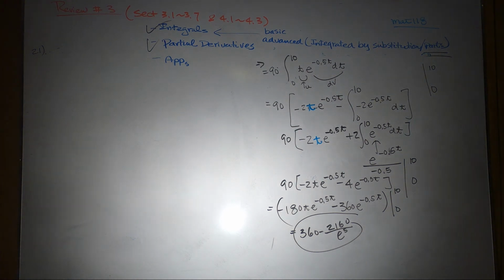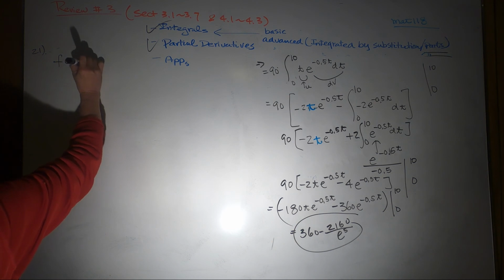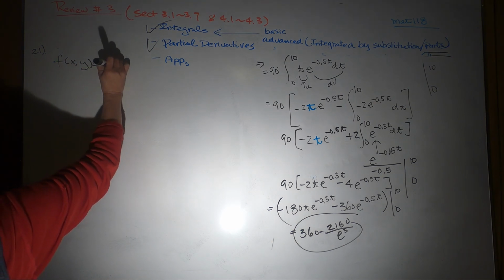Suppose that the number of thousands of insects killed by 2 brands of pesticide is given by this function. So you have 2 products, so you have 2 variables, x and y.